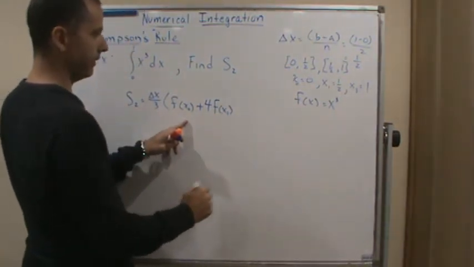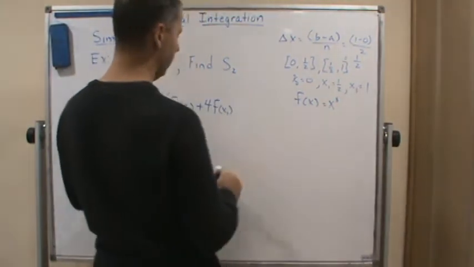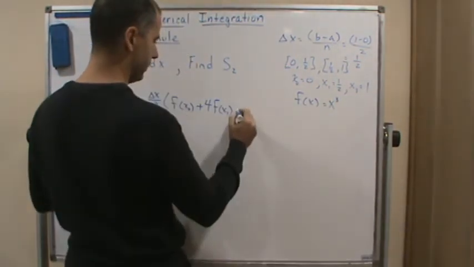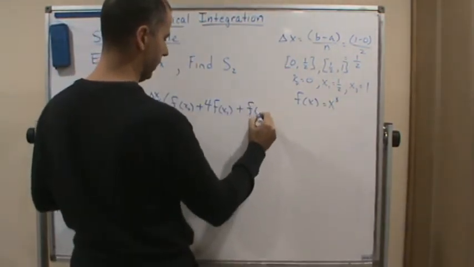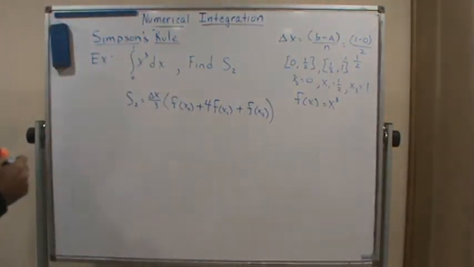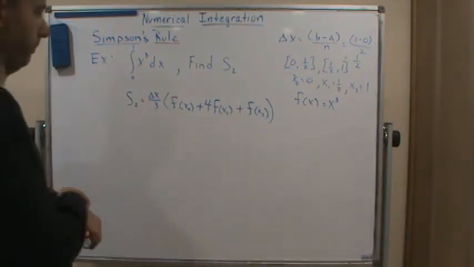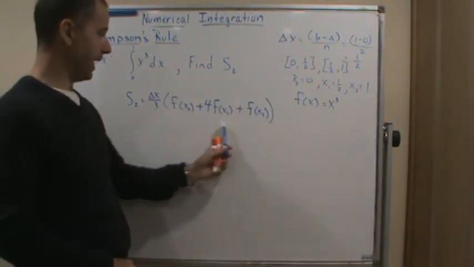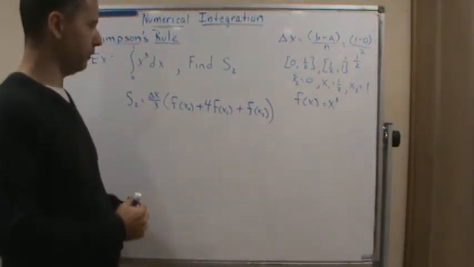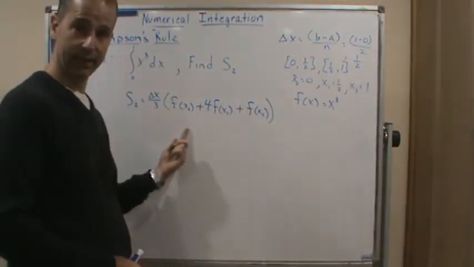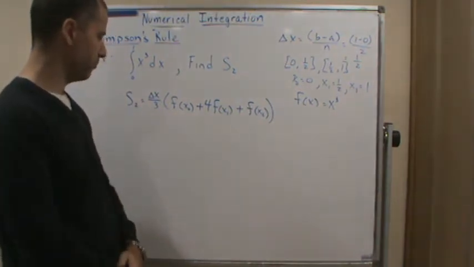Okay, and then since we end here, this is going to be plus f of x2, like so. Okay, and that's it. And remember, that's what we got in the derivation for the first interval, right? So this basically is the first 3 points. So that makes sense from what we did in the derivation, okay?